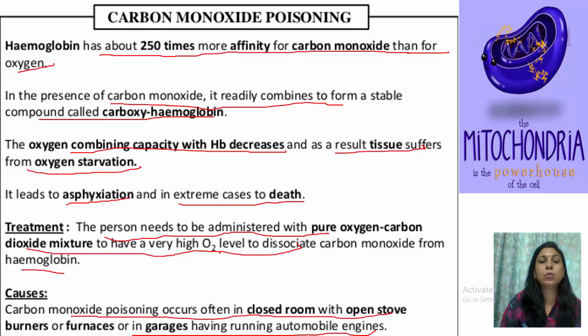But if the room is closed, what will happen? With the passage of time, the oxygen present inside the room will decrease, its concentration will decrease, and meanwhile in place of carbon dioxide, what is produced? Carbon monoxide. And when this carbon monoxide is inhaled, carbon monoxide poisoning takes place.